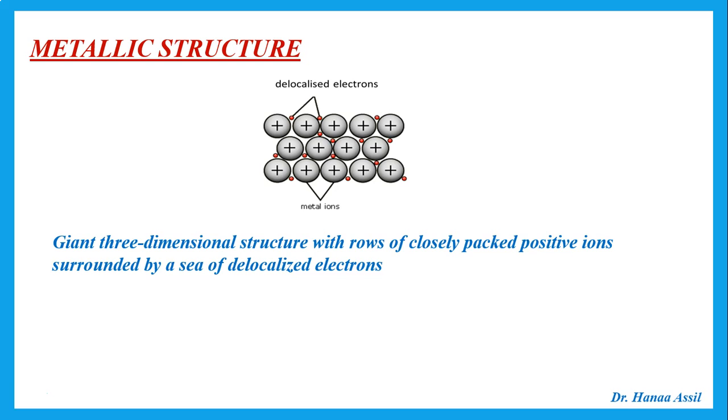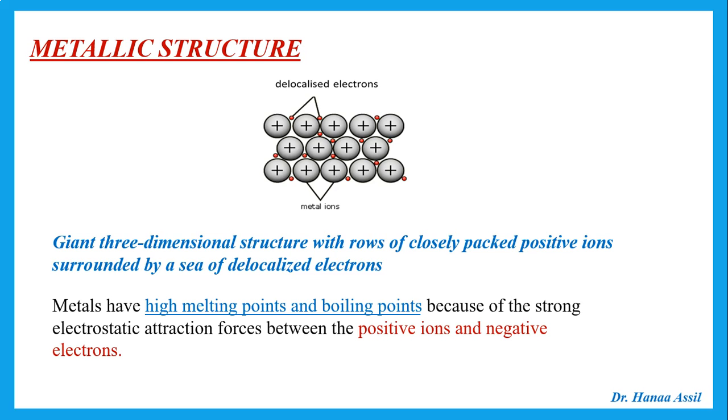So it is giant three-dimensional structure with what? With rows of closely packed positive ions, because these are solids, of course, so they're all closely packed, surrounded by a sea of delocalized electrons, or electrons that are free to move.